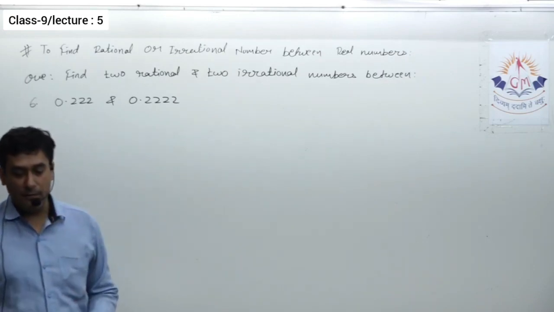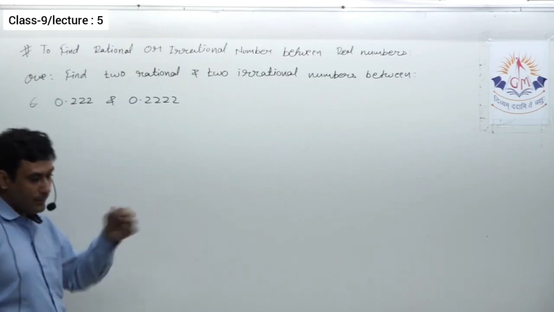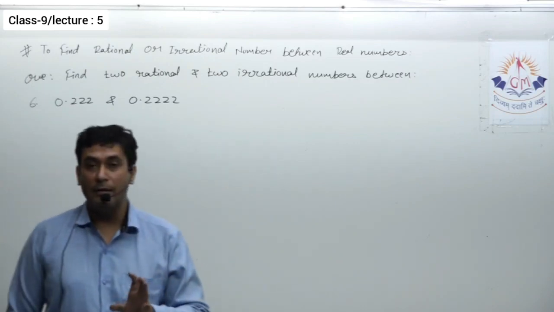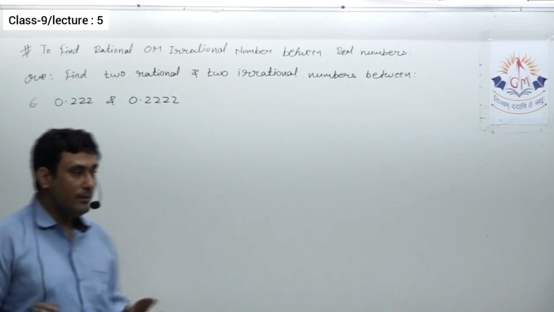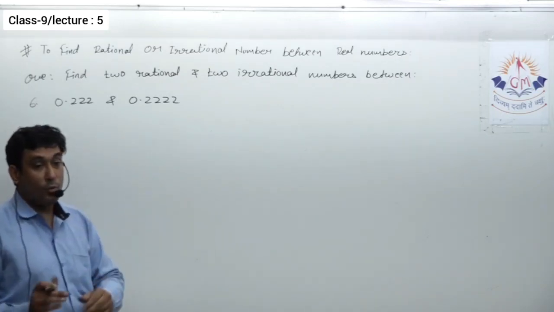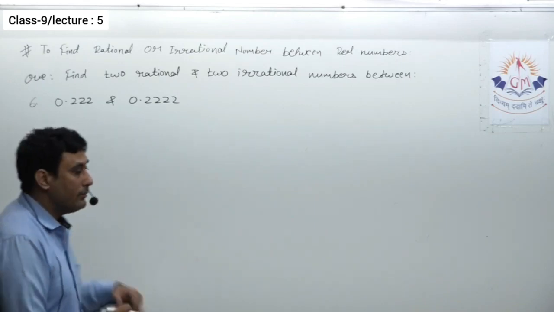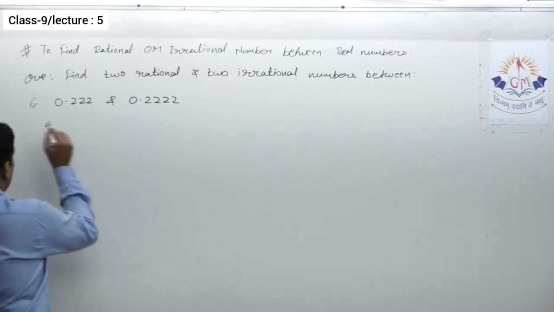Okay, again this is a question in which the given numbers are in decimal. So first of all we have to make the equal number of digits after the decimal, and then we have to check, is it possible to write any integer between those two numbers if I consider the numbers without decimal.